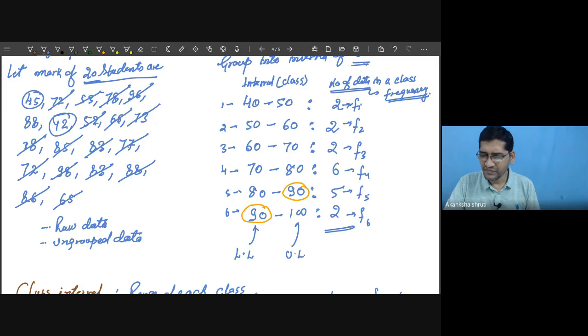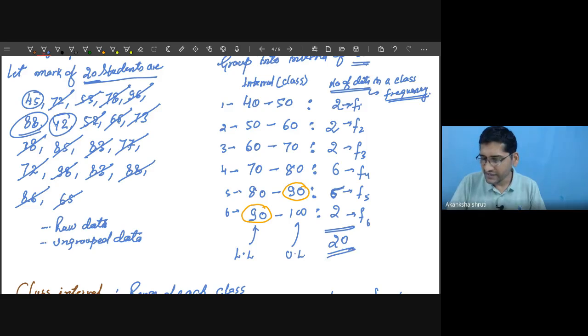Let me count this data: 1, 2, 3, 4, 5, 6, 7, 8. Yeah, 88 was missing, student. This 88 we had not counted. So 88 will come in 80 to 90. It is also 6. Make this as 6, student. Slightly corrected, so it becomes 20.